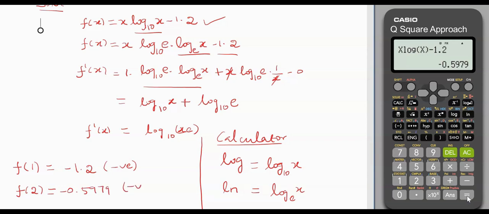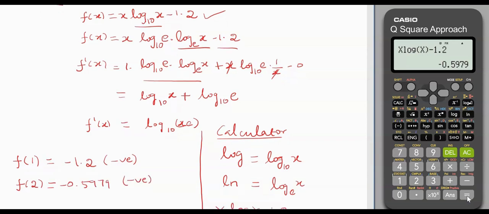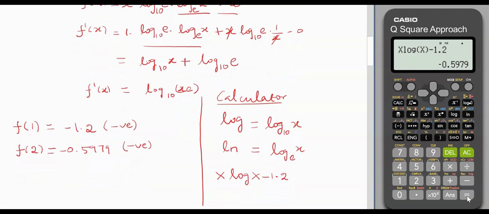This is also negative, and f of 3. In the calculator, give x is equal to 3. Then we are having 0.2314, this is positive.